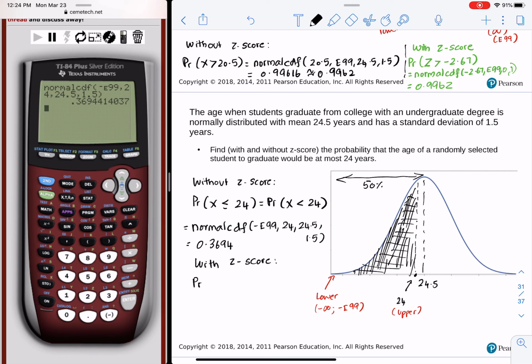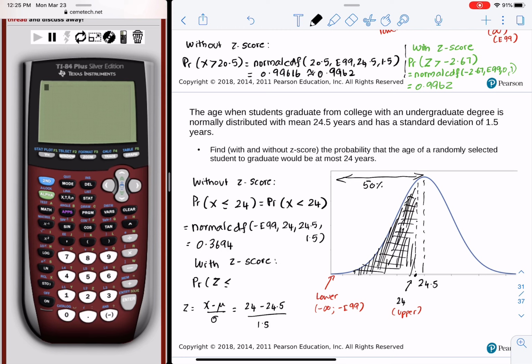So probability z would be less than or equal to the Z-score corresponding to 24. So let's find that. Here, x minus mu over sigma. X is 24, mu is 24.5, and sigma is 1.5.